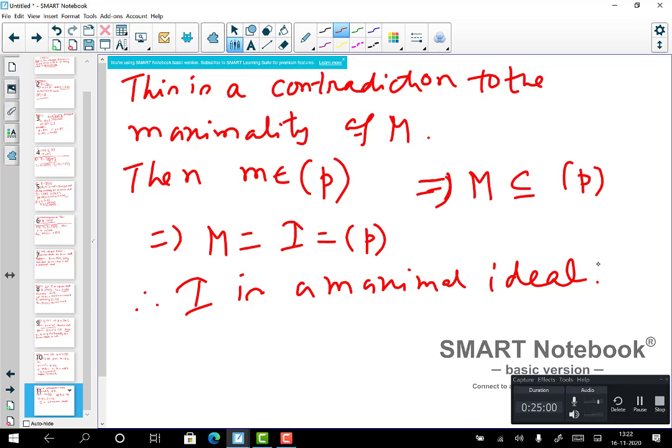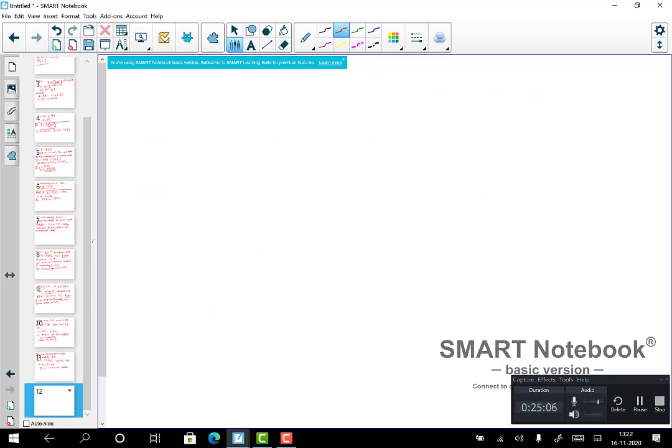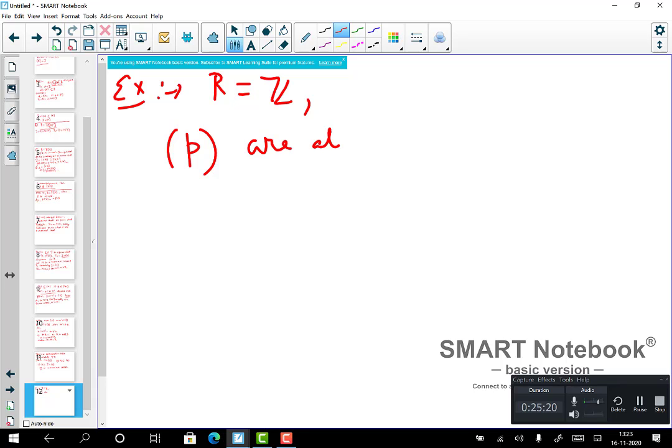Okay. So in particular, you can, for example, see that inside the ring of integers, whatever ideal you choose generated by a prime, they are prime ideals, right? So they are all also maximal ideals.